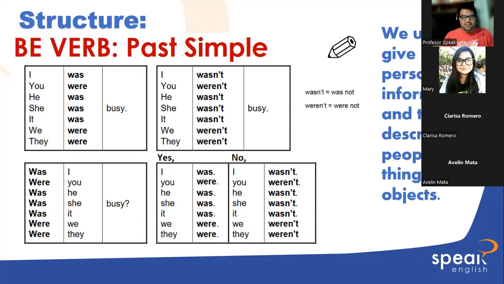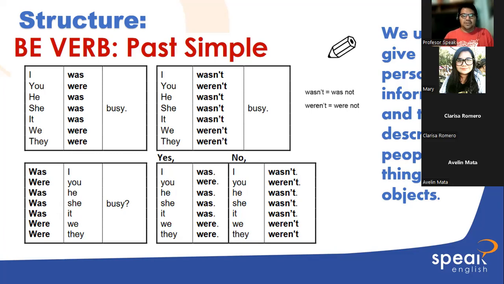So for animals, you can use was. Now, maybe you see an animal and you don't know if it's a male or female, then in that case, you can say it. For example, if you see a bird, you don't really know if it's a male bird or a female bird. So you can say, it was outside my window. So if you say it, it's because you don't know if it's a female or a male animal.